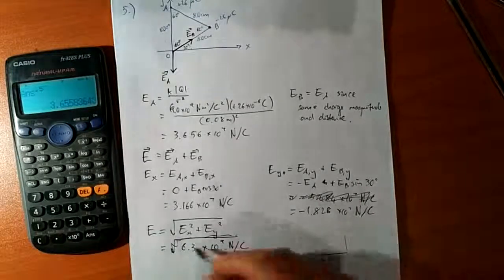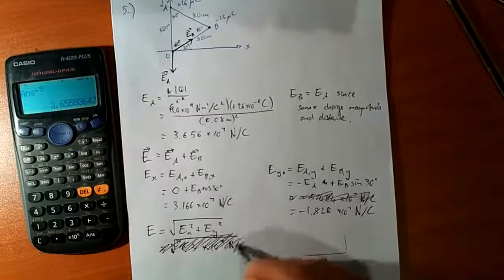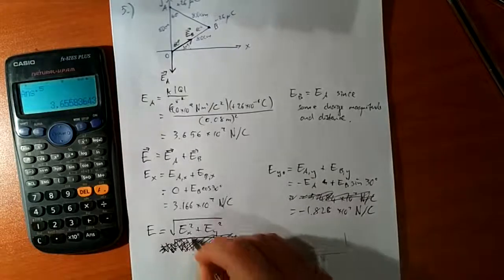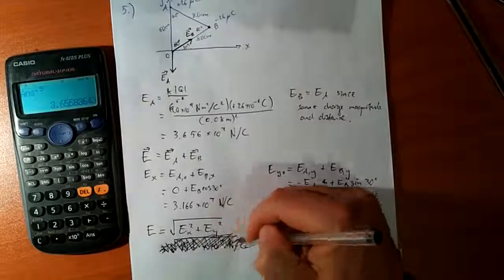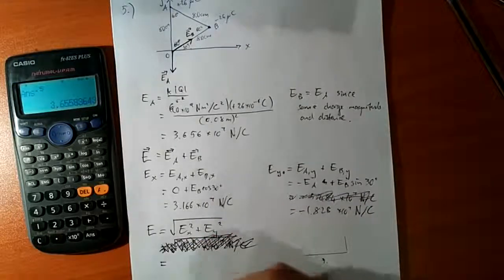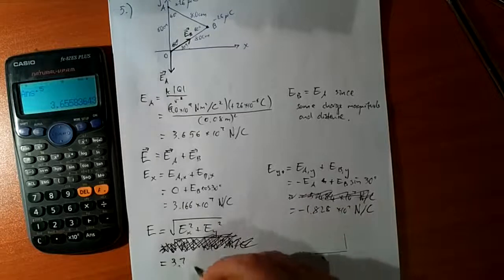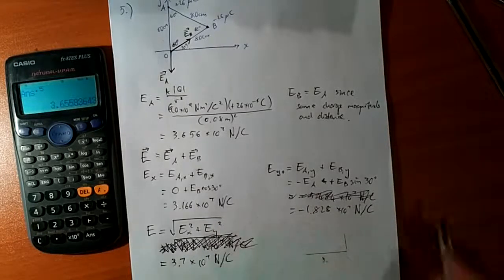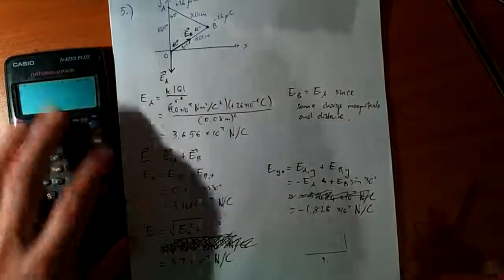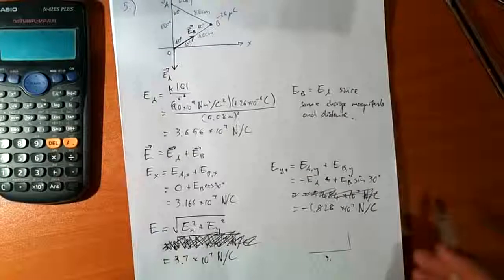Great. So let's just rub it out nicely. You can scratch out as much as you like, just do it neatly. 3.7 times 10 to the 7 newtons per coulomb. Yeah, that looks much better.